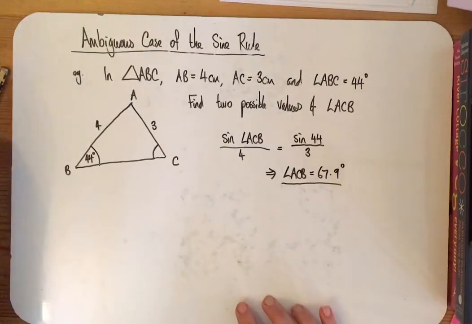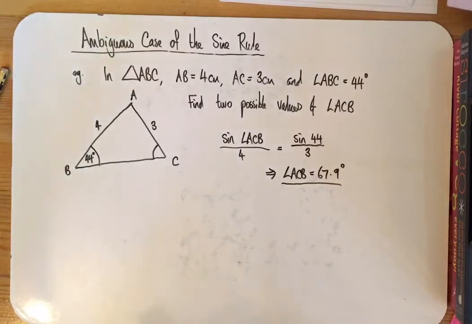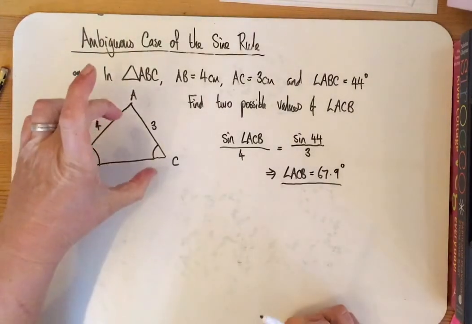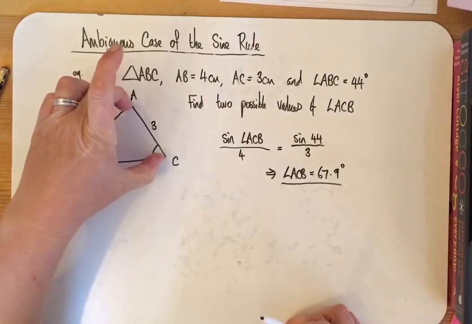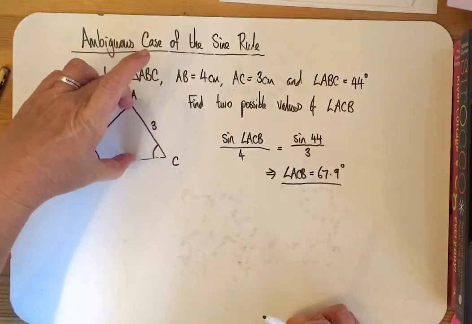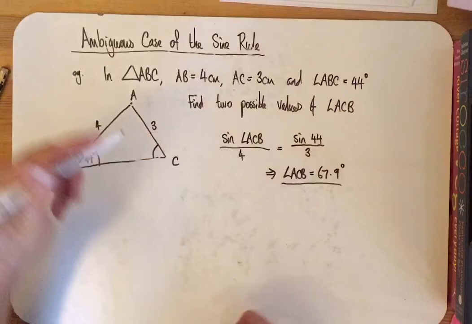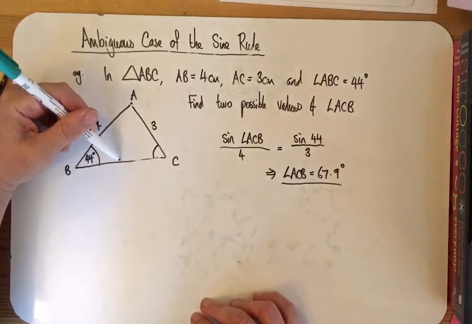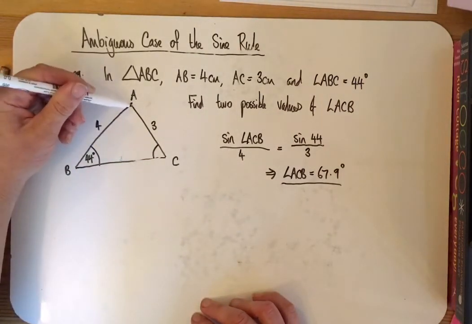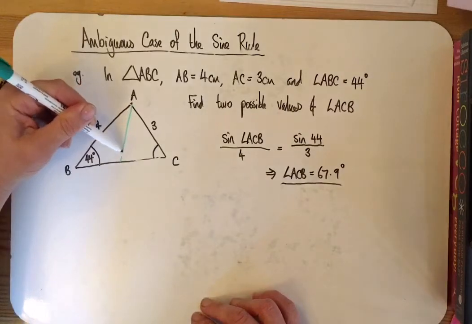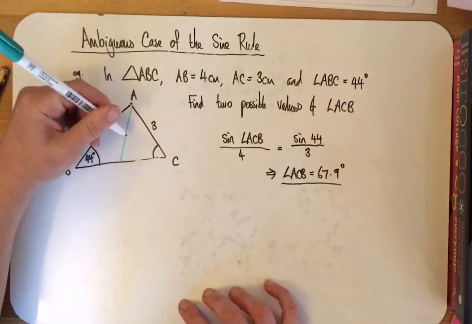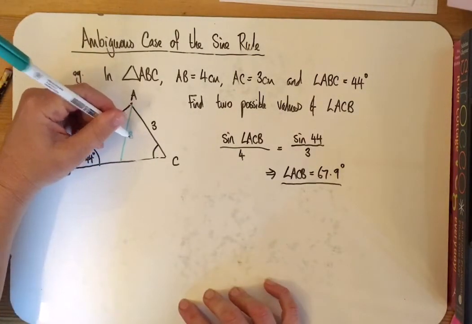If you imagine you've got an isosceles triangle, then this length 3 I can swing around. You sort of imagine an arc of a circle, and I could also draw in a side of length 3 like this, which I think is a slightly more unnatural way to draw this triangle.